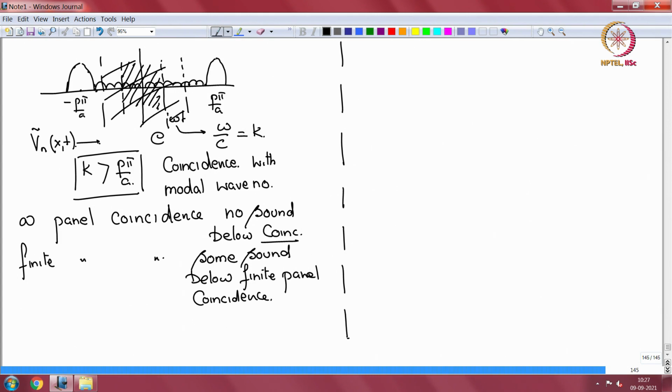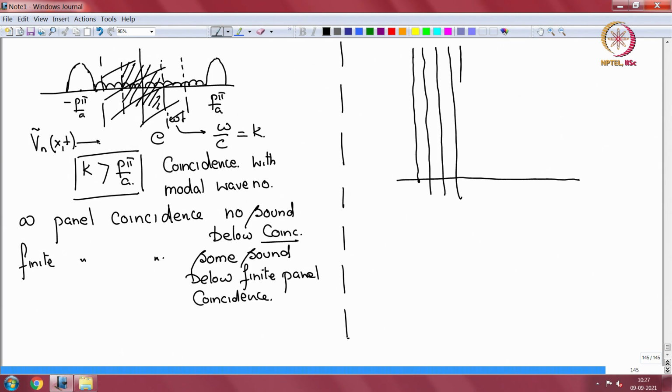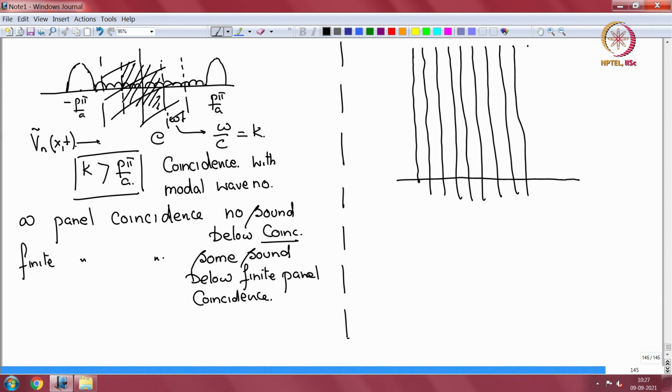So we have a 2D plate, a full regular 2D plate, and we'll make it oblong this way.